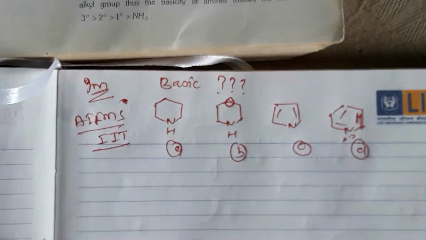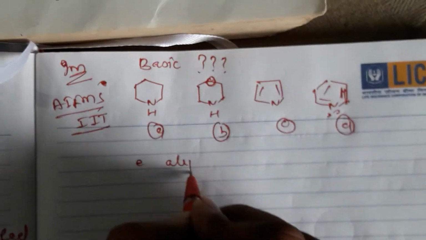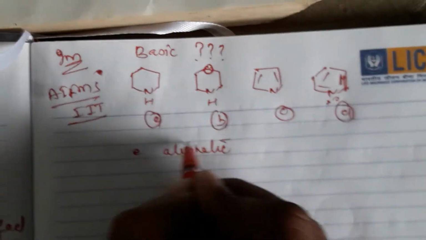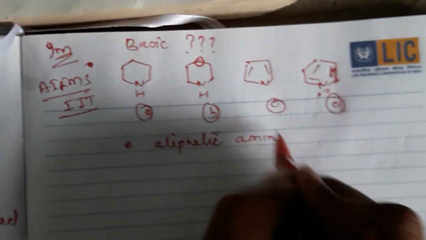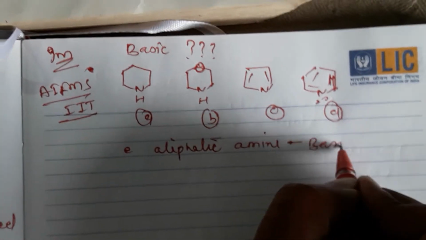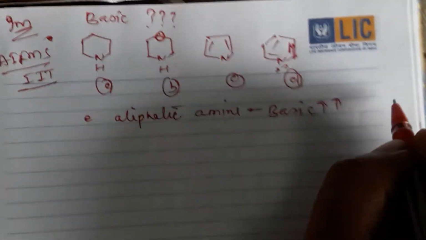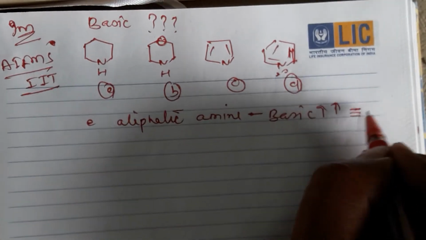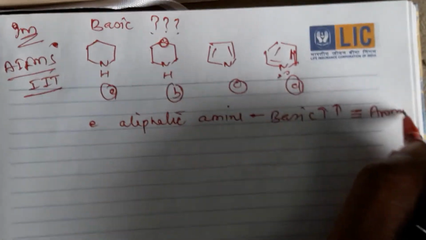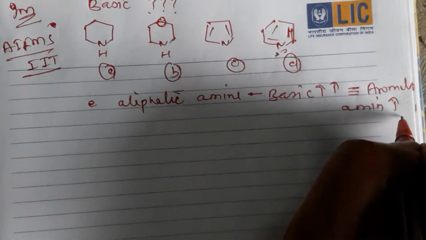So what happened here, first of all you should know about aliphatic amines. What is the basicity of aliphatic amines? It is more as compared to aromatic amines. Aromatic means one arrow, I have mentioned one arrow here.